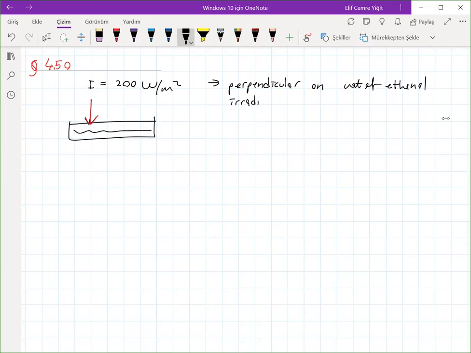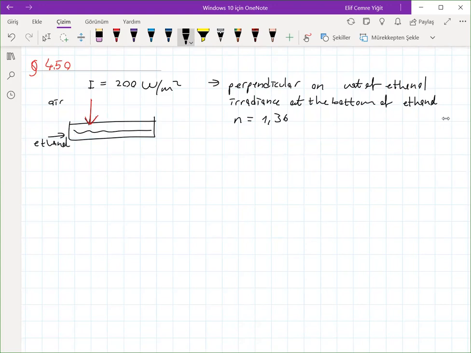irradiance at the bottom. Ethanol. And the refractive index of ethanol is given as 1.36, and the outside medium is air.